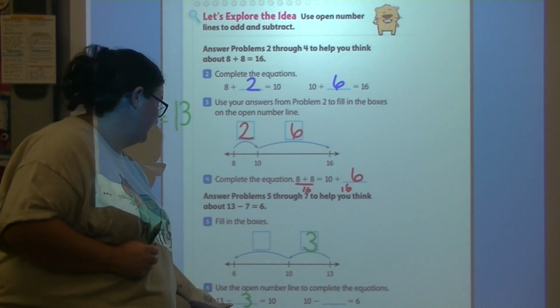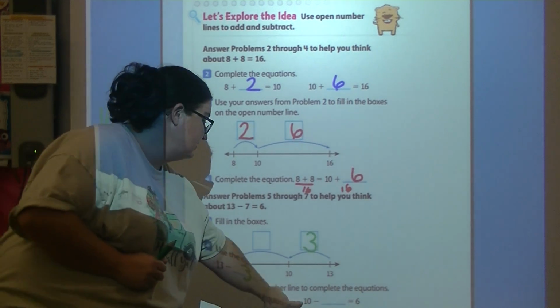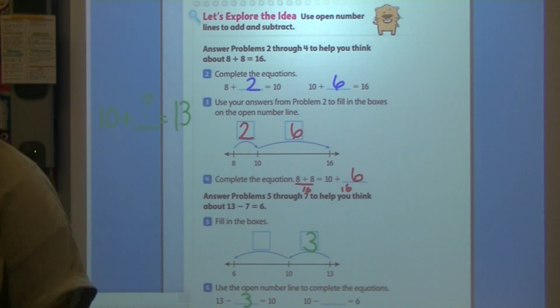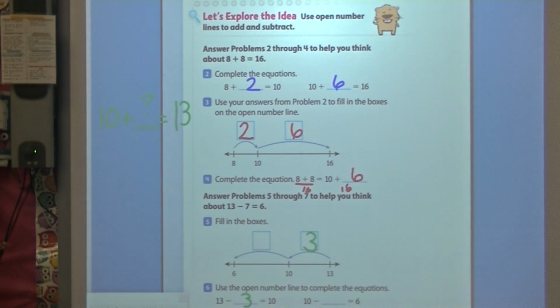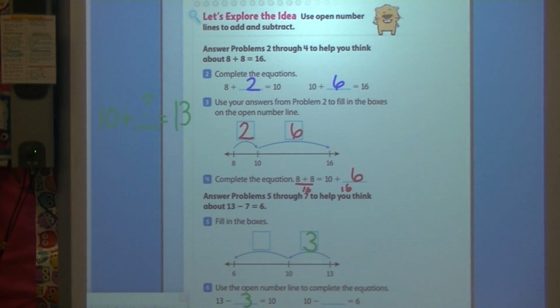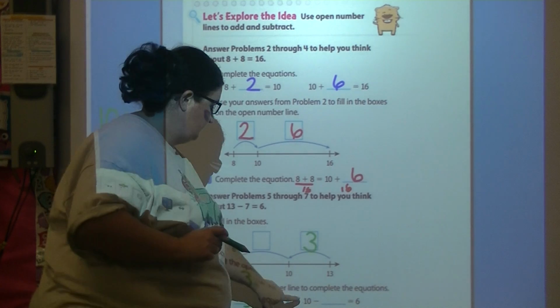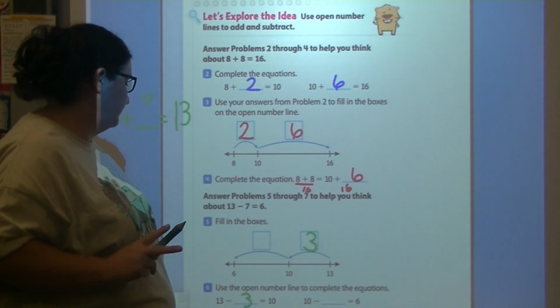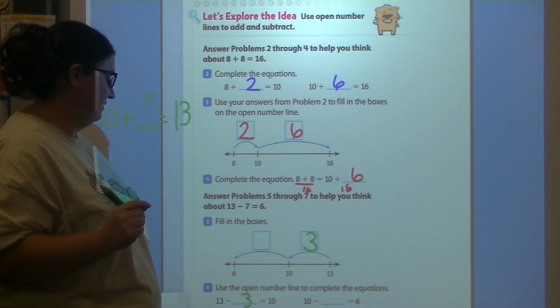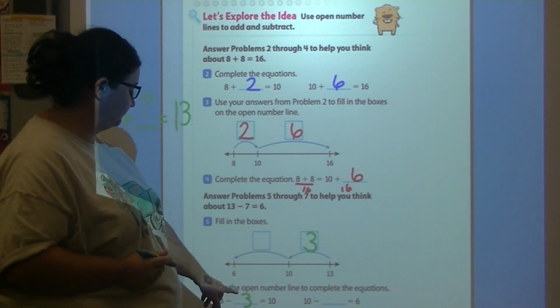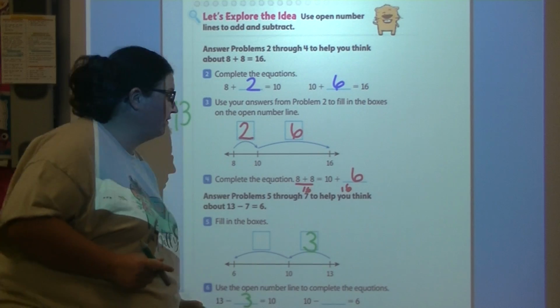Now, we have 10 to 6. 10 minus what number equals 6? Now we can turn it around.